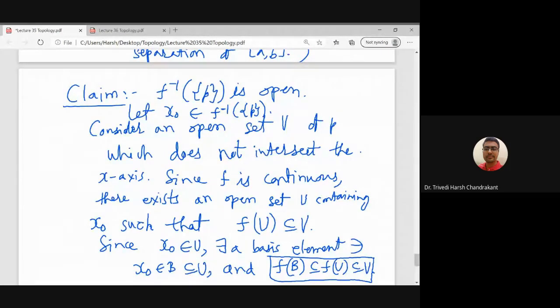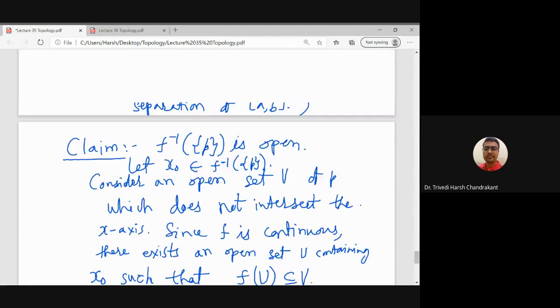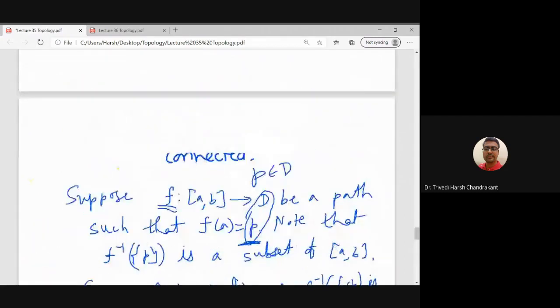So let us choose one point x naught in f inverse of singleton P. Now we have already fixed this point x naught. Let us consider an open set V of the point P which does not intersect the x-axis. What do we mean by that? Let us go to the diagram.